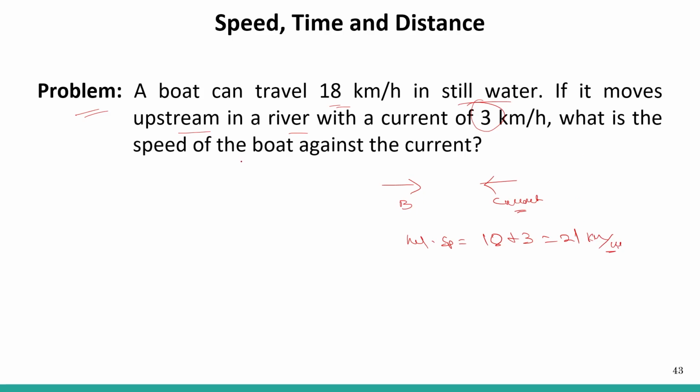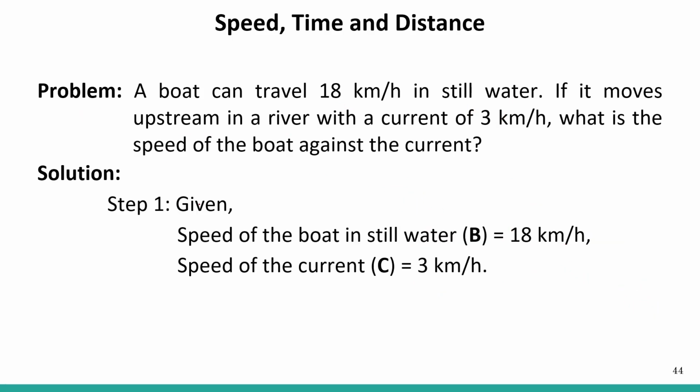So what is the speed of the boat against the current? Against the current, the speed of the boat will be 18 minus 3, that is equal to 15 kilometer per hour.